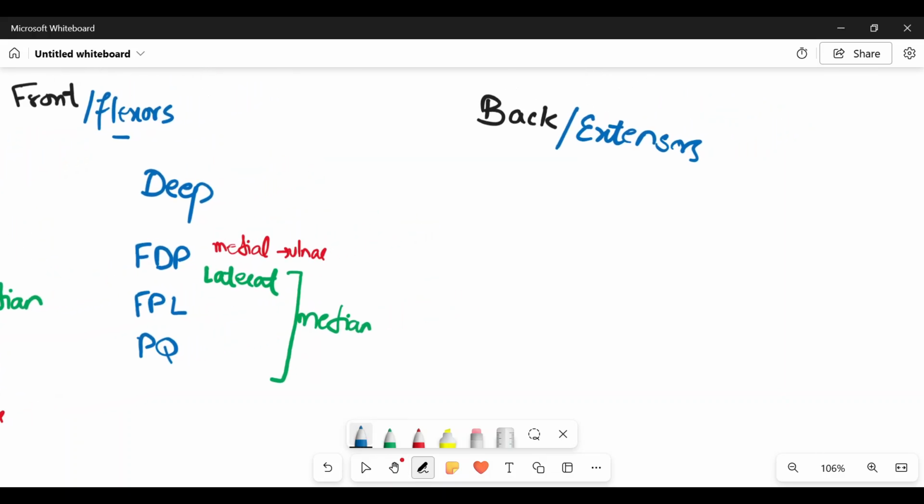Now talking about the extensor compartment. Again, the extensor compartment is further divided into superficial and deeper.